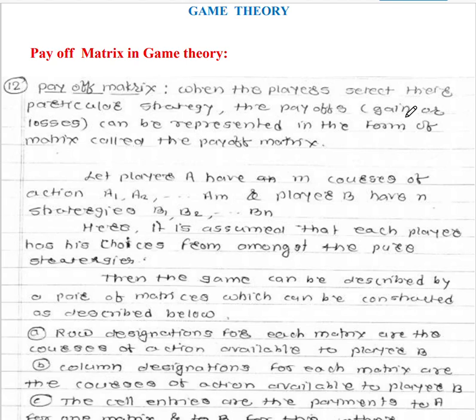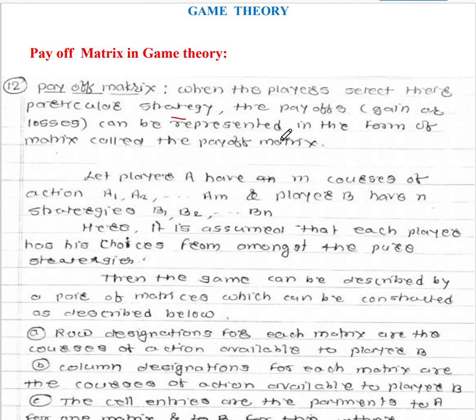When the players select their particular strategies, the payoff means the points of the player, gains or losses. The payoff, meaning gains or losses, can be represented in the form of a matrix called the payoff matrix.